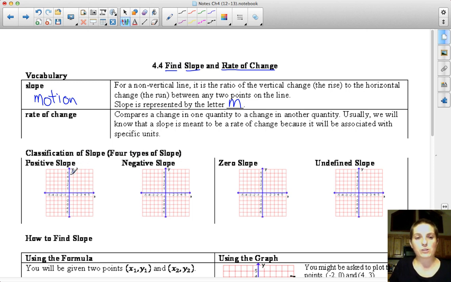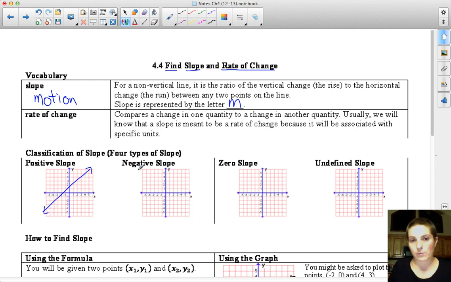And this is talking about just looking at the picture as a whole, which way is your line going? If you look from left to right on your graph, and you see that your line is going uphill, you can say that you have positive slope.